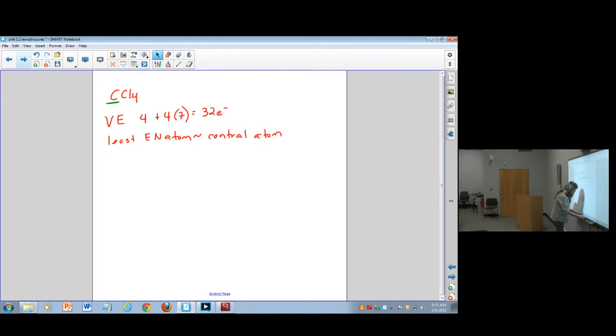Okay, so you don't have to usually think about this too much, but it is a rule. So we're going to put the central atom as carbon, and then we're going to draw bonds between the outer atoms and the central atom. So in this case, we're going to put chlorine, chlorine, chlorine, and chlorine because we have to make 4 bonds.